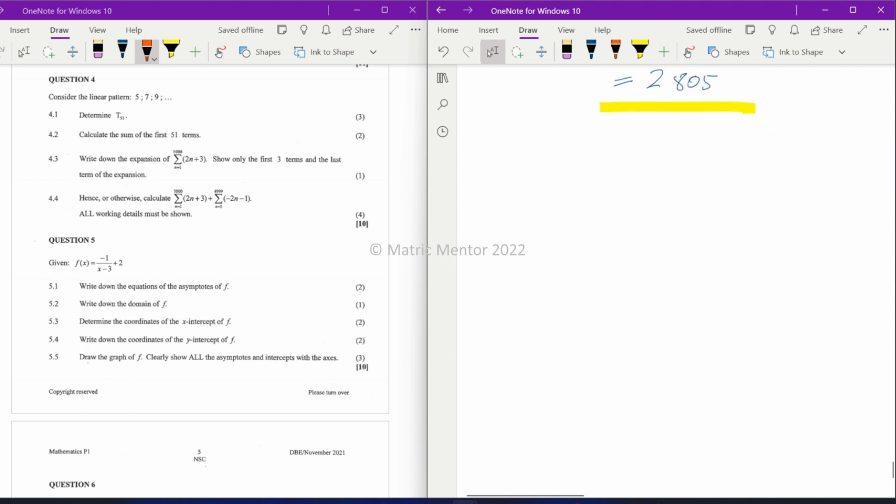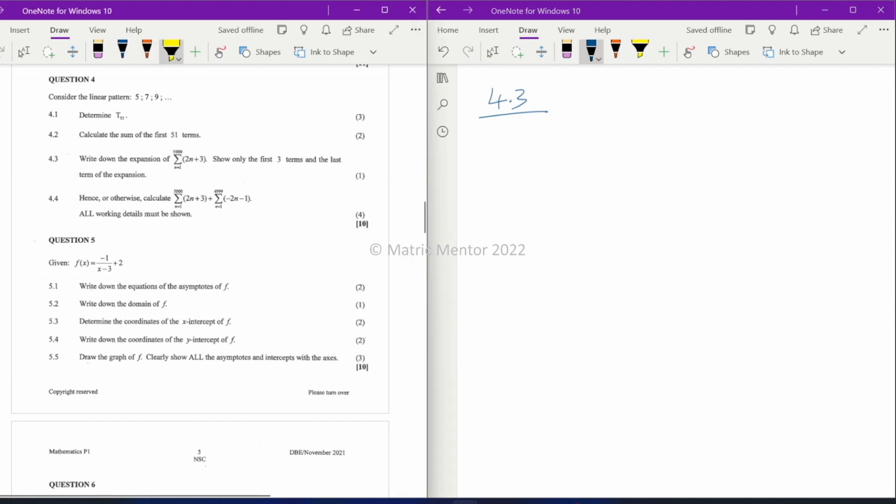Alright, now we can do question 4.3. Question 4.3 asks us to write down the expansion of this function, and it says show only the first 3 terms and the last term of the expansion.